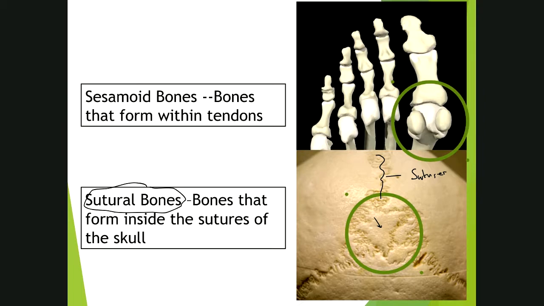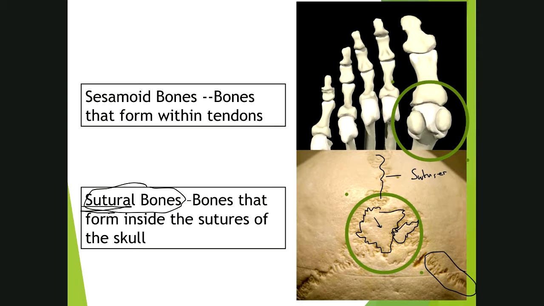Most people's sutures look like this over here. But look, that's a little island of bone that's located inside the suture. So it's a separate little bone. And here's another one right next to it. It's a separate little bone. And so these little separate bones, these little islands of bone, are these sutural bones.